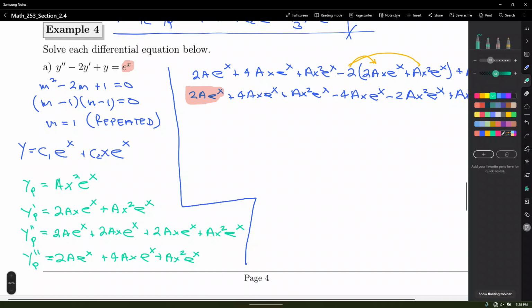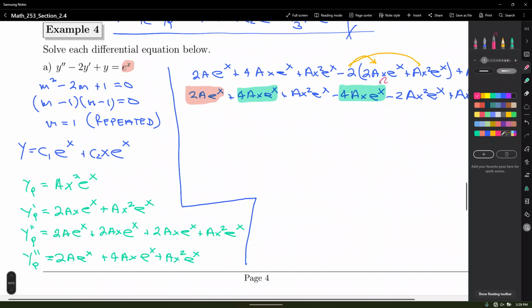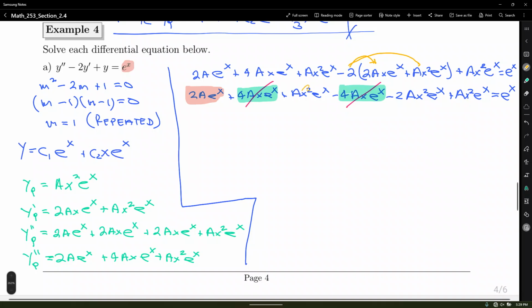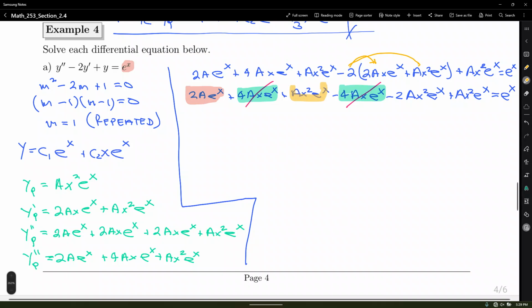Use green. So x to the first power, x to the first power, and that's about it. Check this out. Do you see how they go away? They cancel out. Use a different color for quadratics. Quadratic, quadratic, and quadratic. Do you also see how the quadratic terms go away?